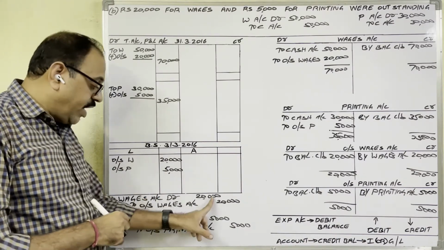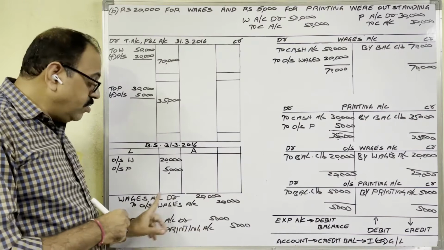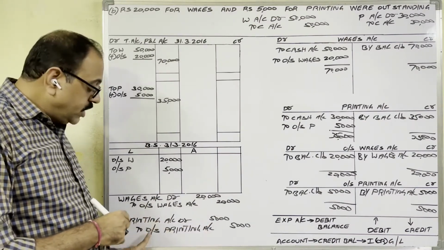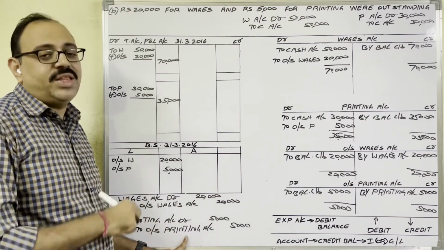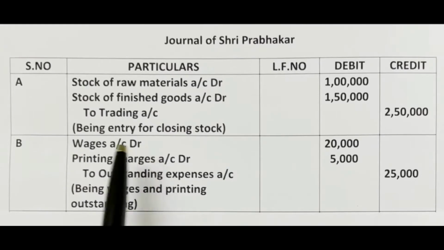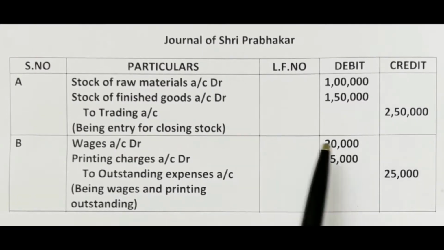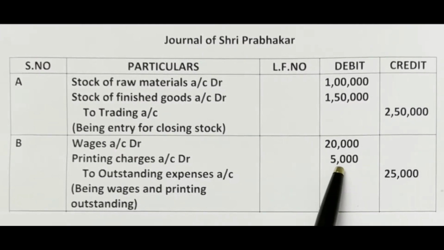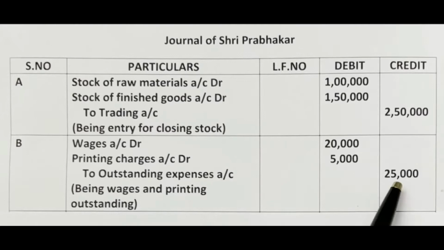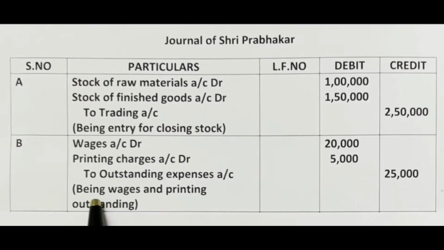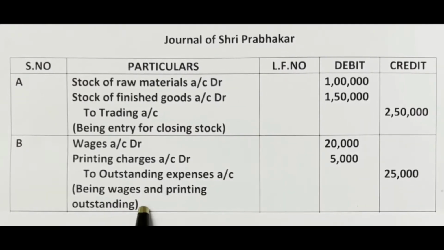Wages account 20,000, printing account 5,000, outstanding expenses account 25,000. Narration: being wages and printing outstanding.